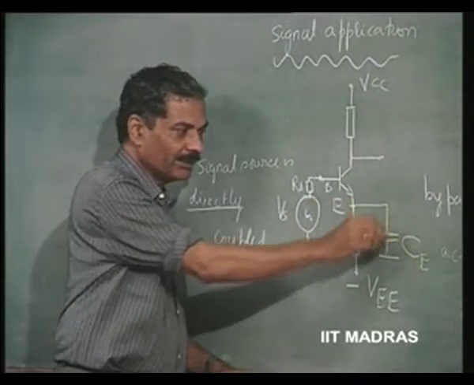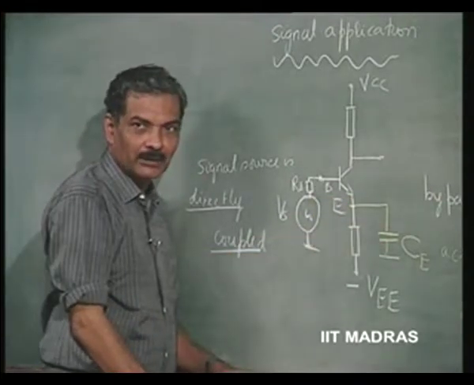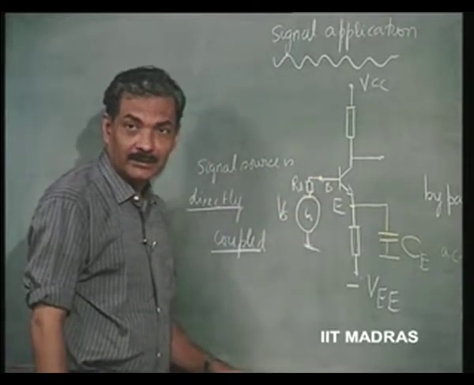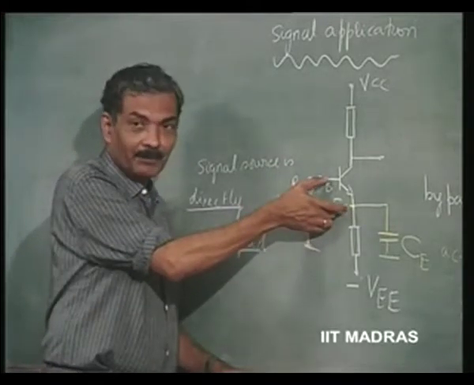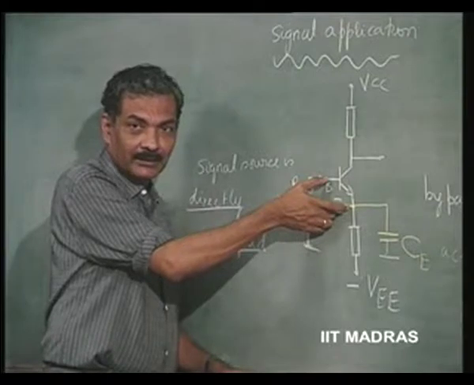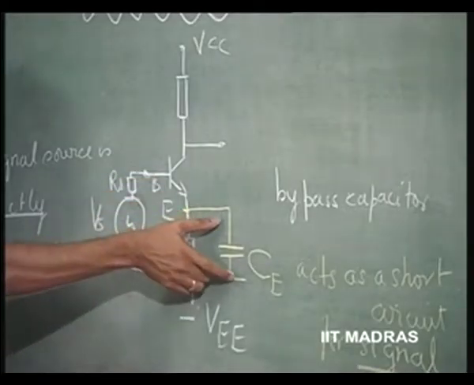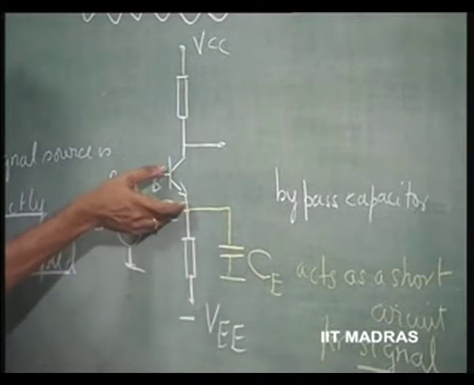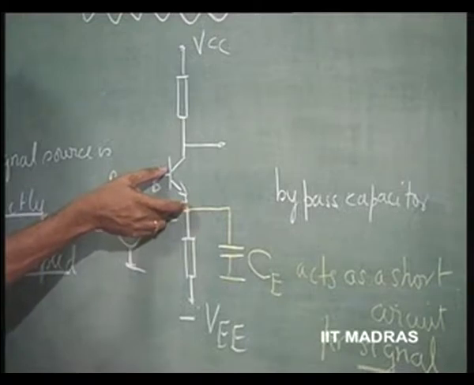So, this has to be grounded with respect to what? Base to emitter junction. Whatever drop occurs here should be large compared to the drop across the capacitor. So, the capacitor is a short circuit compared to the impedance level occurring here.